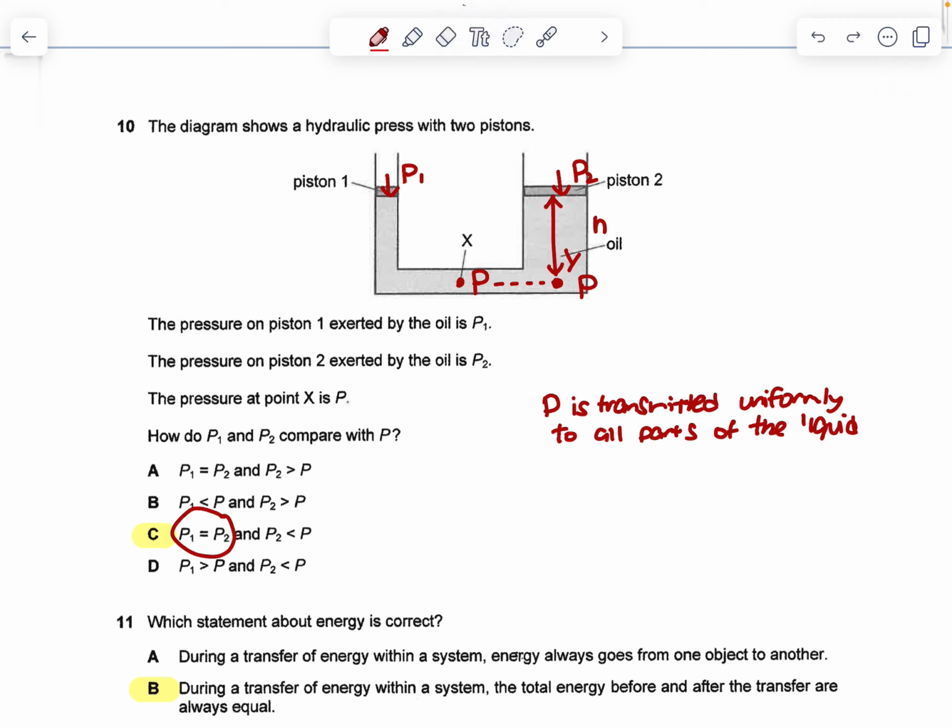So that's why P will definitely be greater than P1 or P2. It has the pressure of the liquid plus the transmitted pressure.